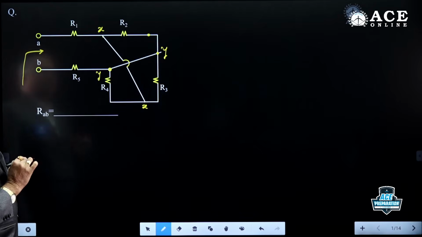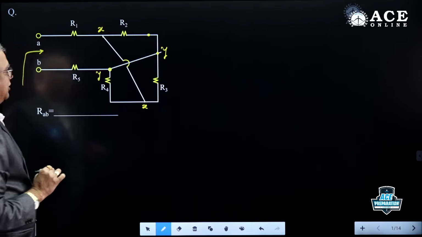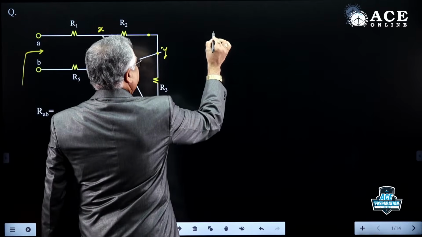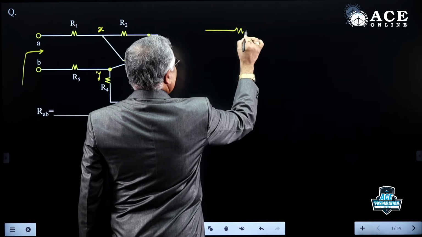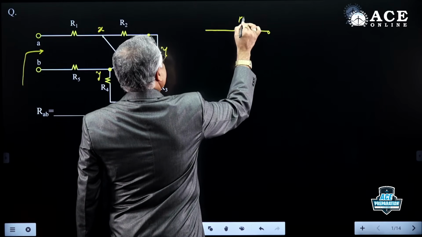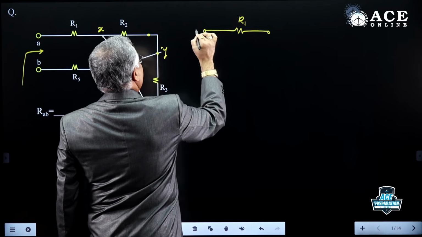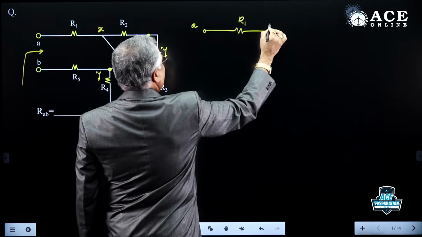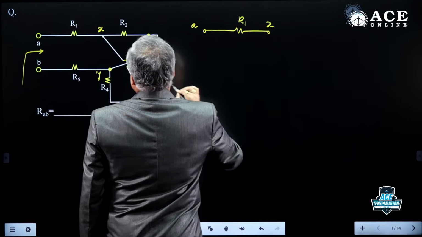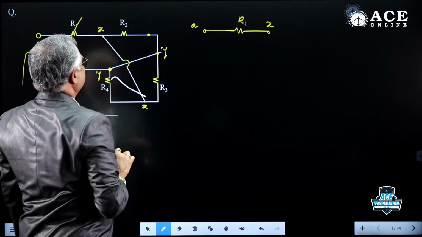Now with the help of X and Y, let us redraw the circuit. So when we are redrawing, this is R1, A, this node is X. So this R1 is drawn.